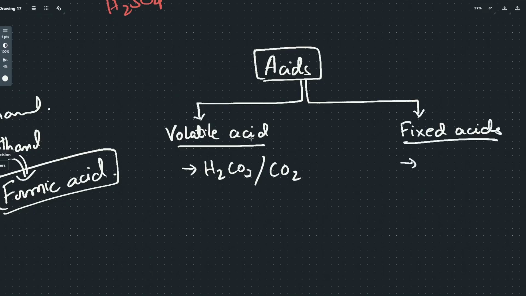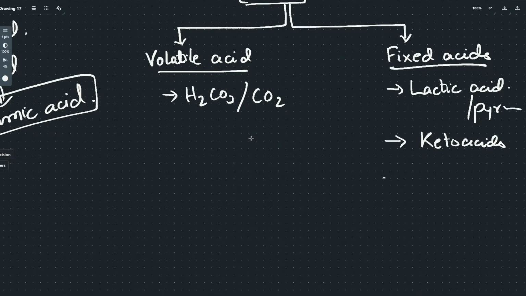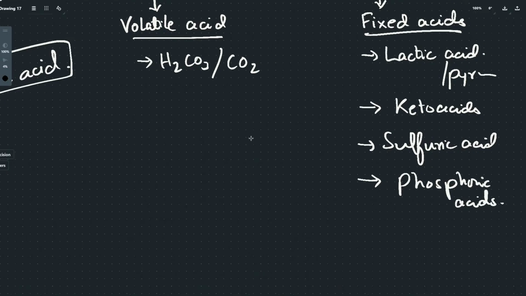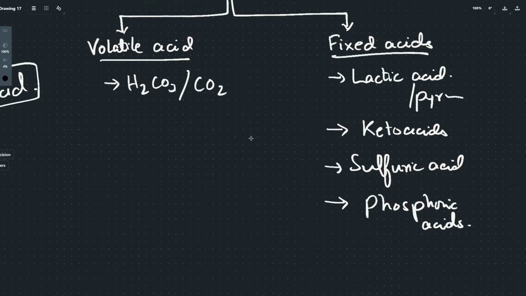For example, we have lactic acid, pyruvic acid, keto acids, sulfuric acid, then we have phosphoric acid. And by the way, I forgot to tell you, it is not just nucleotides and phosphoproteins, we also have phospholipids as well. So from phospholipids, phosphoric acid is also produced.